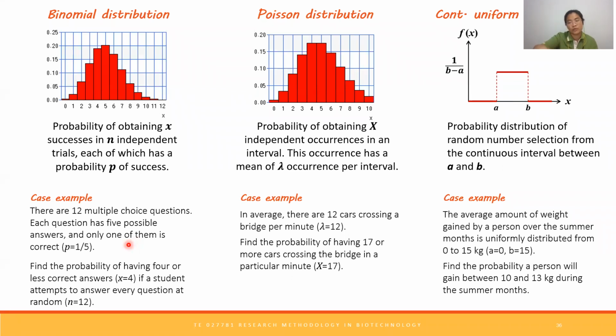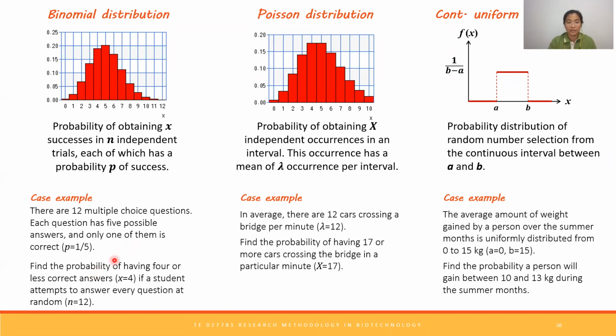So question 1 has A, B, C, D, E. Question 2 has A, B, C, D, E. Out of those answers, only 1 is correct. So whether it's A or B, there's no 2 that are correct at the same time. So the probability of being correct in each question is 1 in 5.